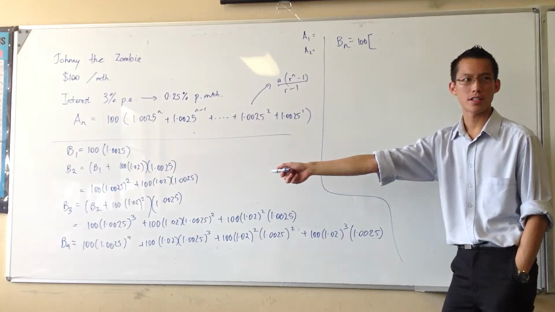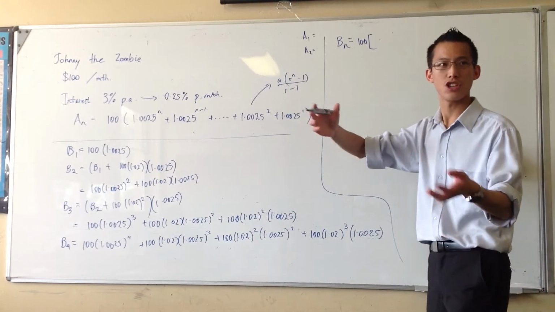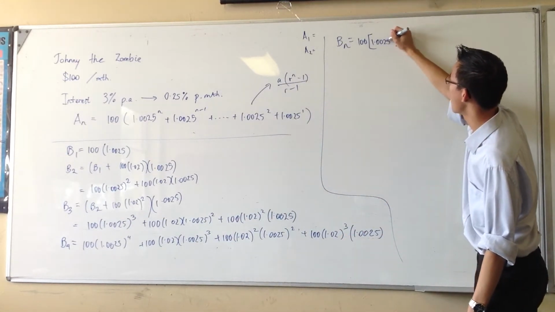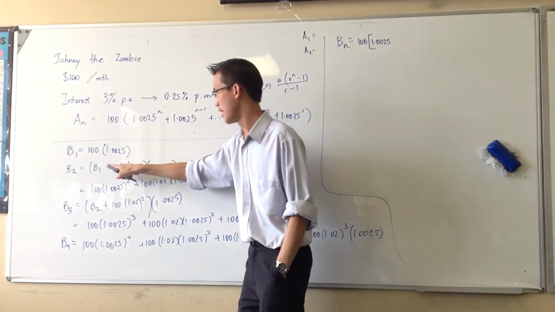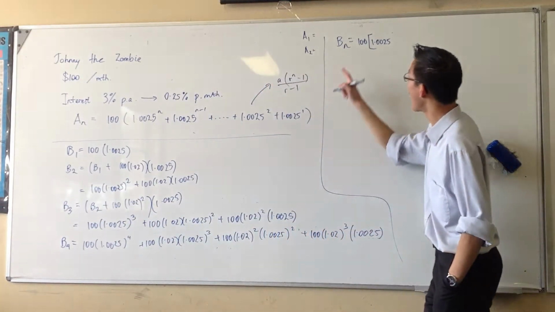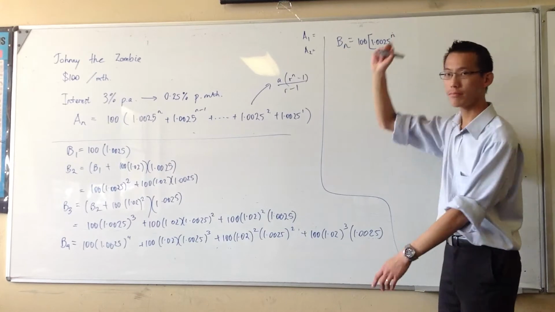What's the first one after you take the factor of 100 out? Well, it wasn't bigger. It just got the interest on and on and on and on. How many lots of interest would it have? Well, this first one had 1 lot of interest. And after the second month, it had 2 lots of interest. Every month, it's getting 1 lot. So after n months, it'll have n lots of interest on it.